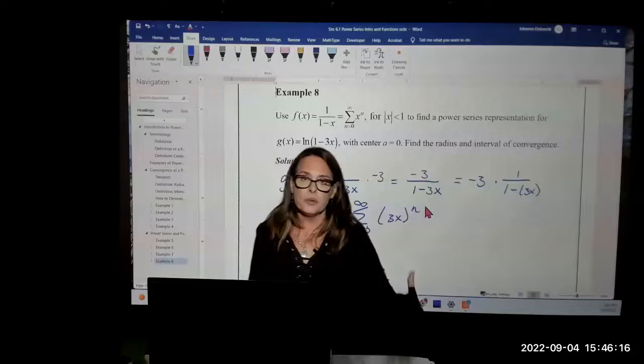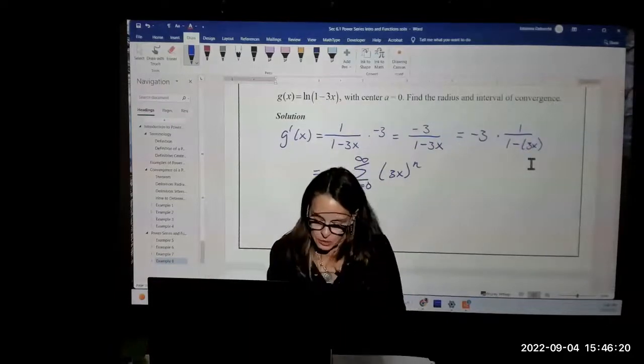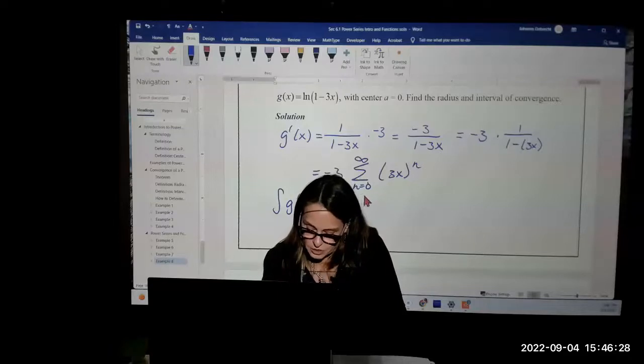Well, to undo the derivative, you integrate. So what we want to do now is integrate G prime of x with respect to x, and then we will want to integrate this negative 3 times the series of 3x to the n.